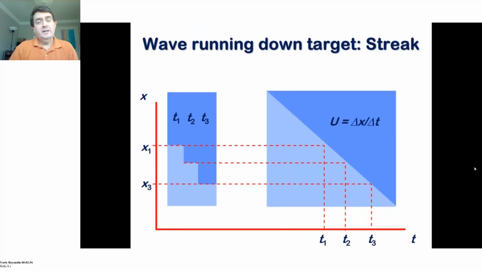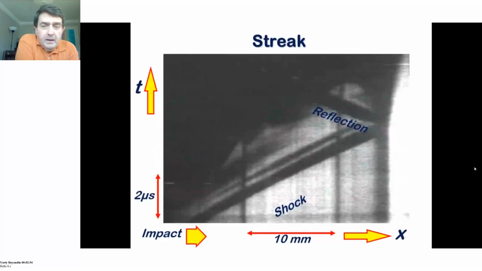So this is an example of a streak image, and this is of a failure wave going through some glass. The impact direction is on the left-hand side, and the waves are going to move to the right through the image. The dark line at the bottom of the image is the initial shock wave, and it's marked as shock.